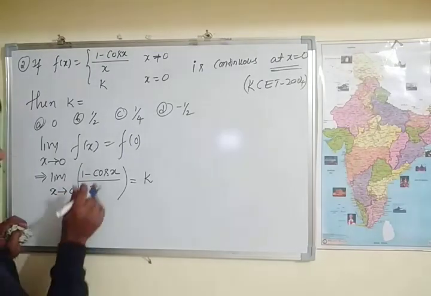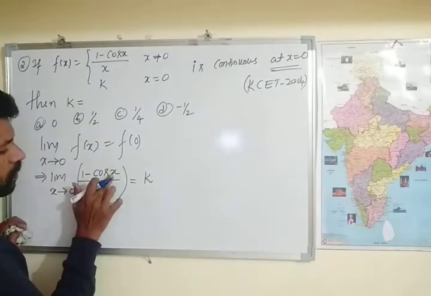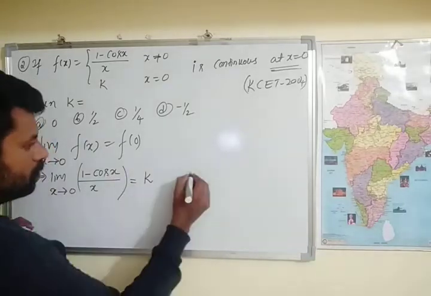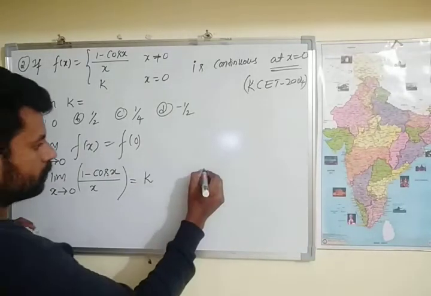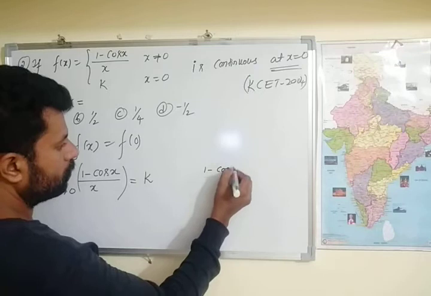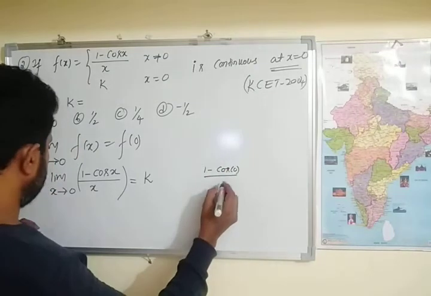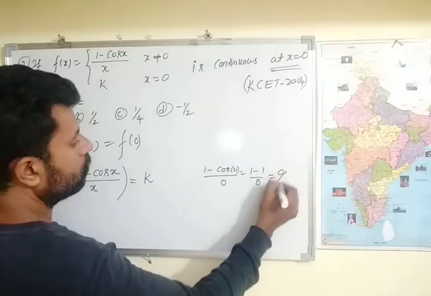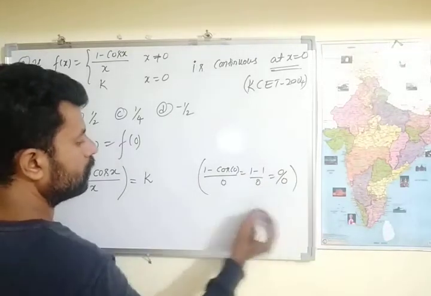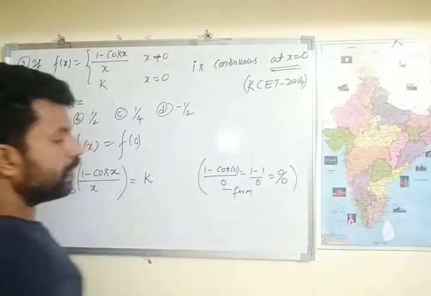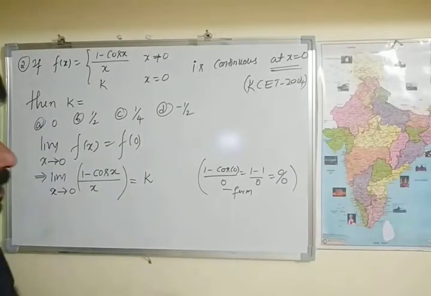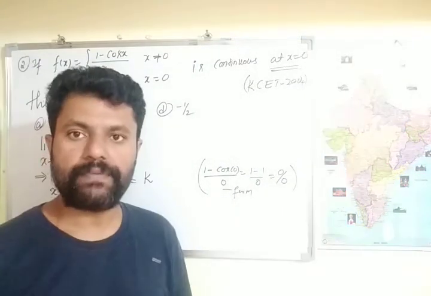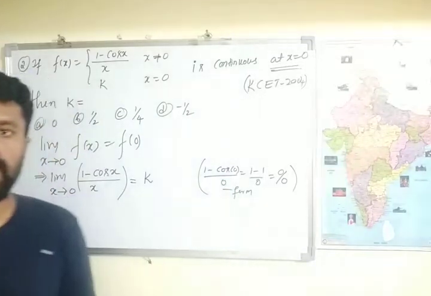We get 1 minus cos of 0, where cos of 0 is 1, divided by 0. See, 1 minus 1 divided by 0 is 0 divided by 0 form. This is an indeterminate form. Given the result in the form of an indeterminate form, here we apply L'Hospital rule.